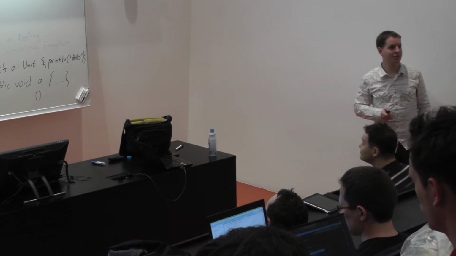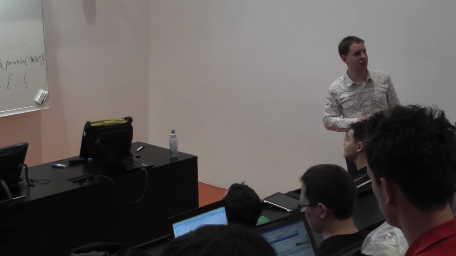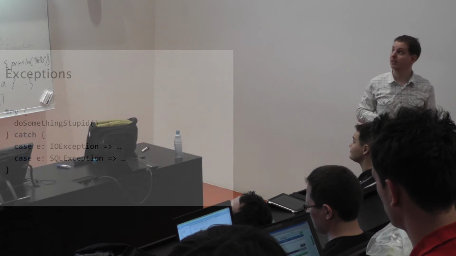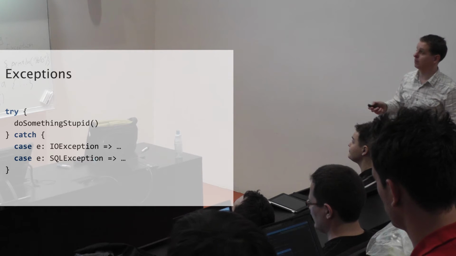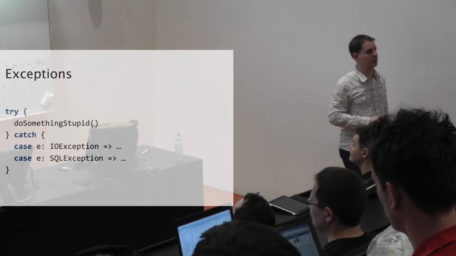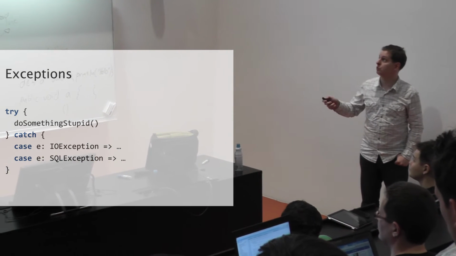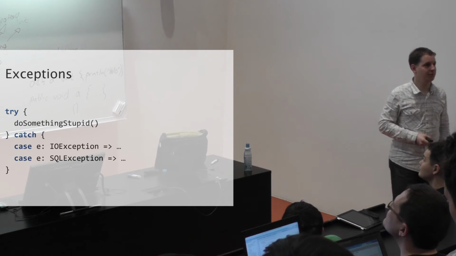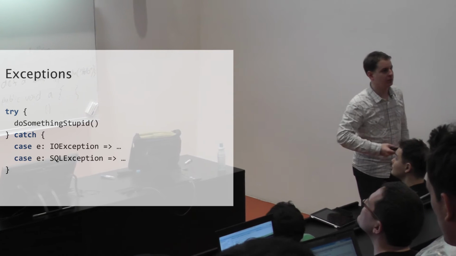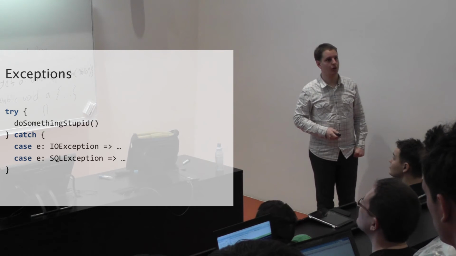Another use of pattern matching is in a try-catch expression. In the catch clause, you put branches like in pattern matching. Most of the time, you use the variable pattern, which matches the exception of the correct type, but you are free to use any kind of pattern you know.